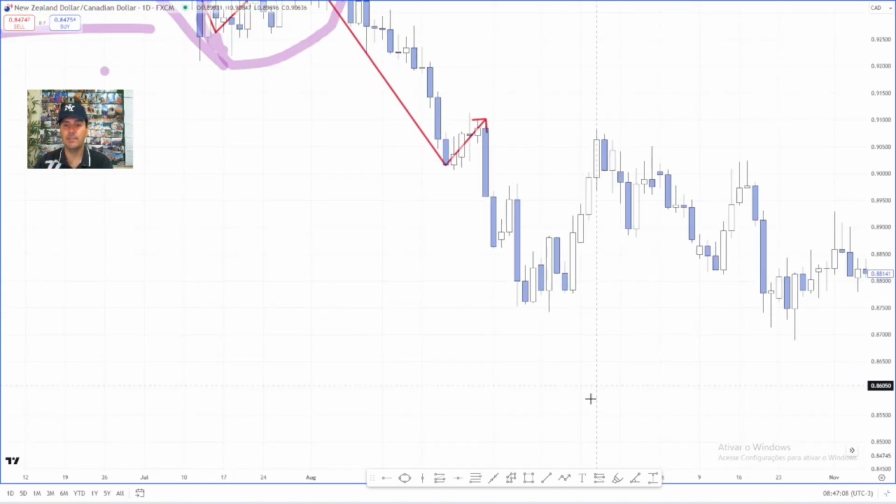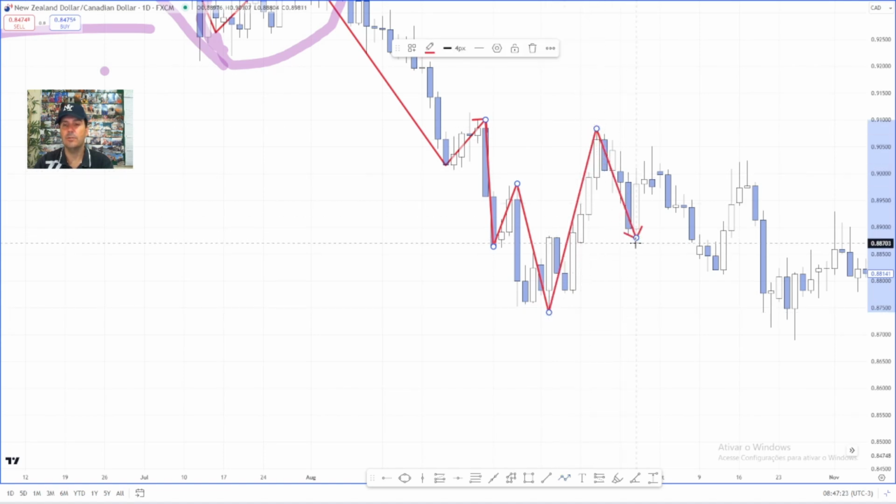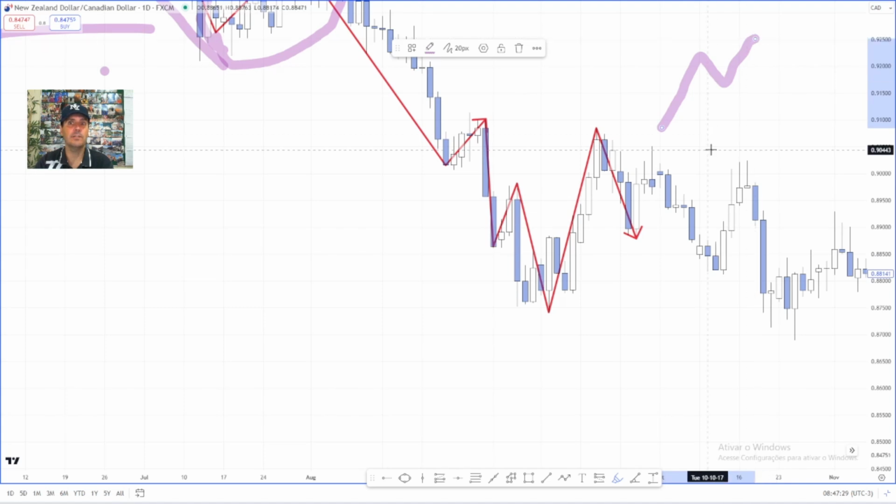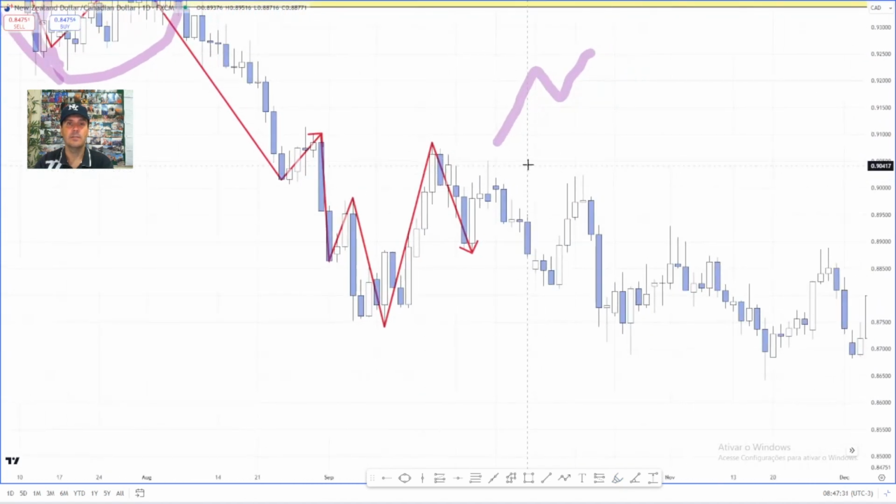So if you go step by step and chart with me, it's high to low, low to high, high to low, all right, and then low to high, high to low. Is this a retracement? Do we have a confirmed short-term uptrend? No, we don't. Very good.